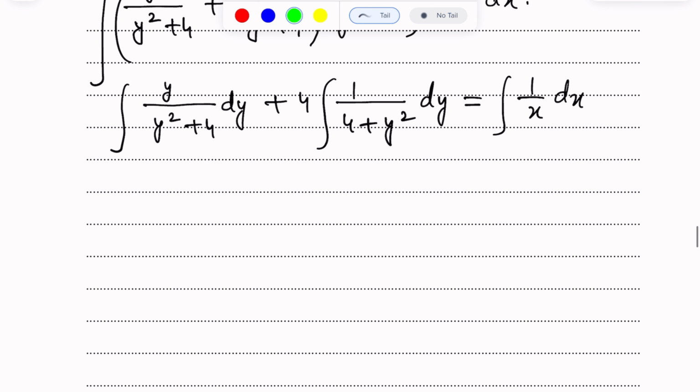Now, for the first integral, the formula I am writing here will be used.